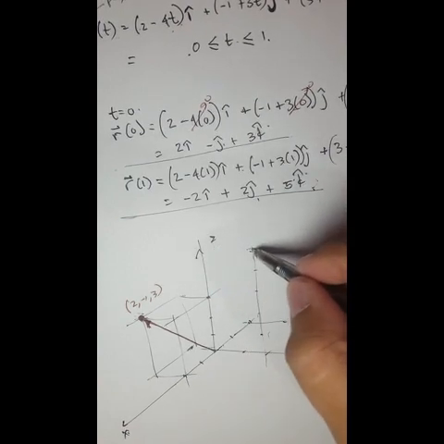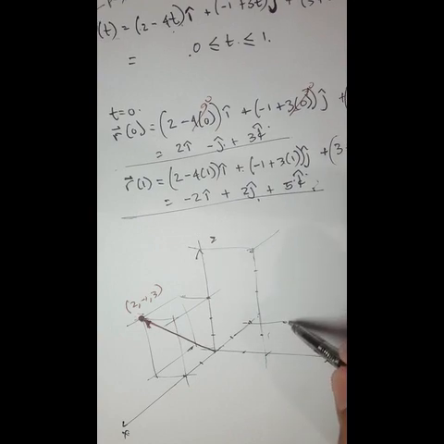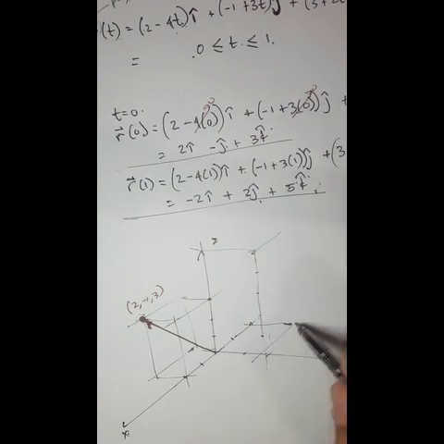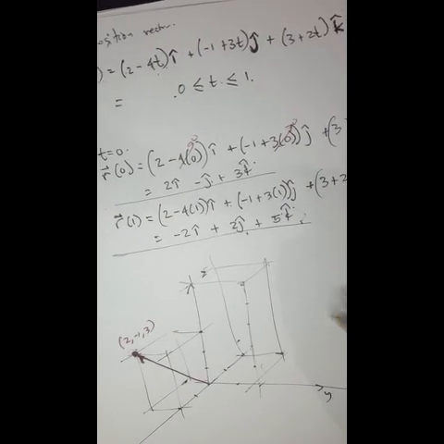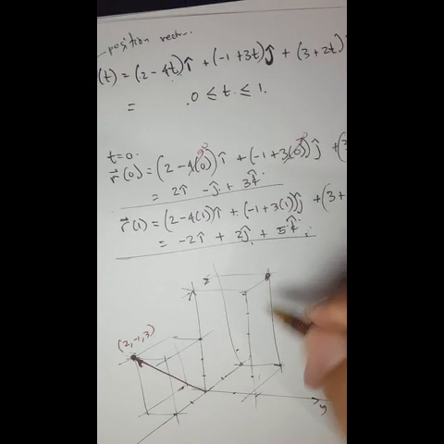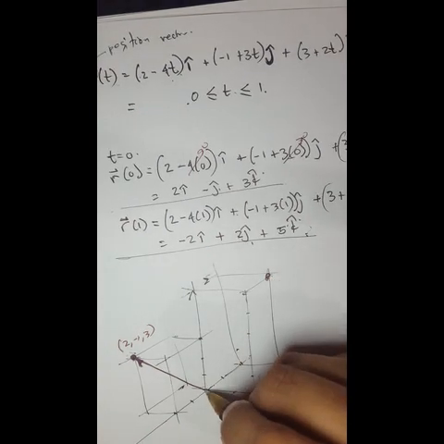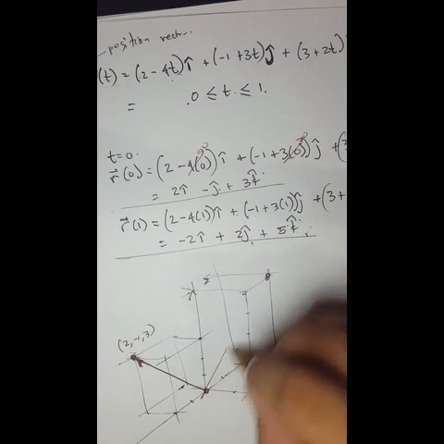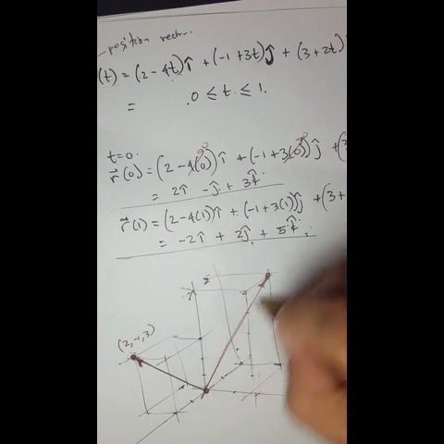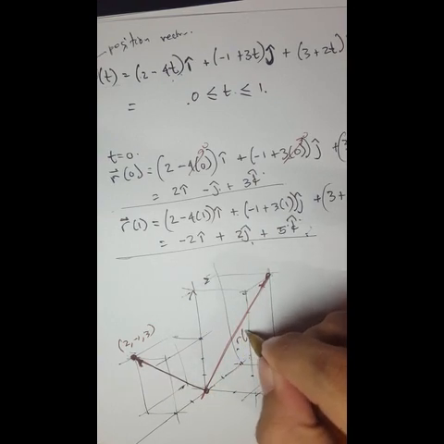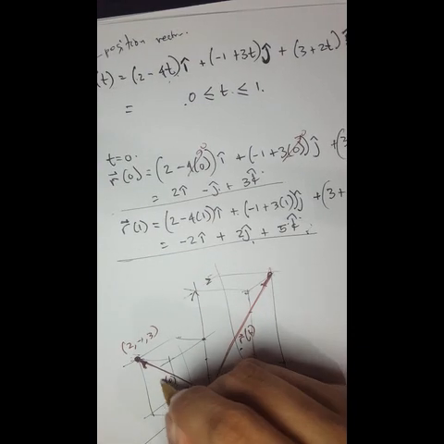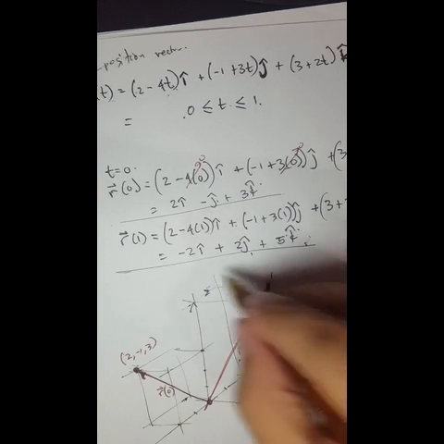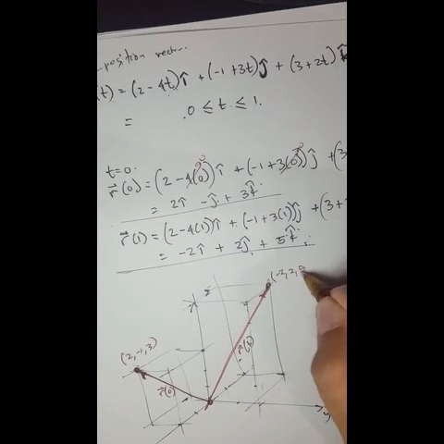Then we'll draw parallel lines. Alright, so this is it. This is the position. The vector from the origin is this one. So this is r of 1, and this is r of 0. The point is negative 2, 2, and 5.